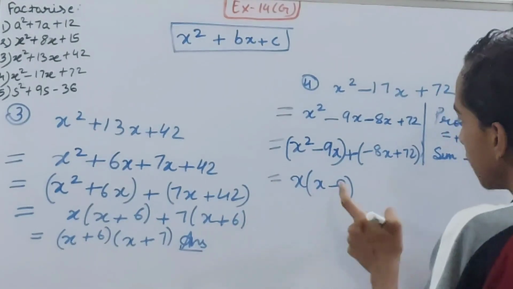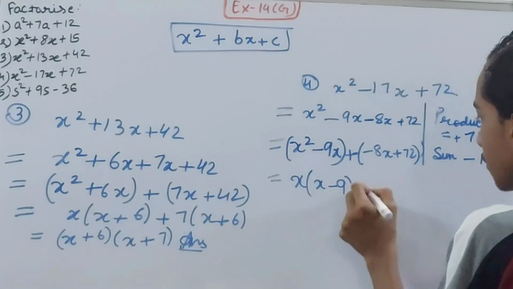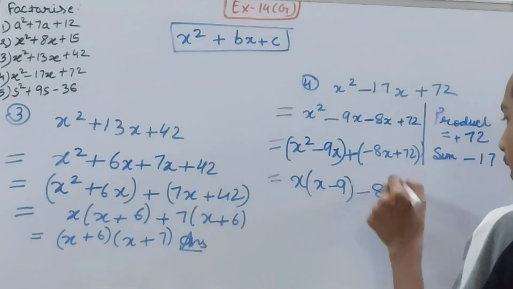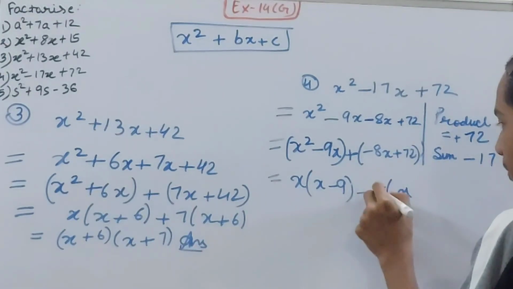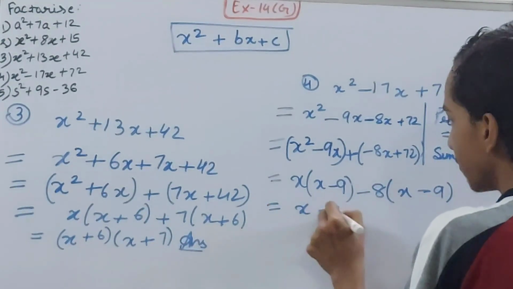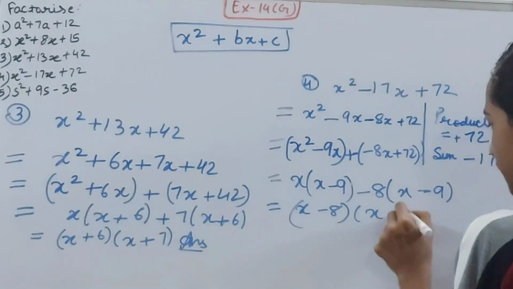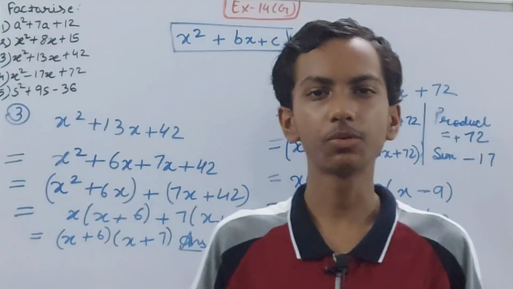We want x minus 9 in this bracket. So first term, that is minus 8x, it should become positive. So we will take minus 8 outside the bracket. So minus 8x upon minus 8 will be plus 8, plus 72 upon minus 8, minus 9. Clear? Now x minus 8 in one bracket, x minus 9 in another bracket. This is our answer. Now let's move on to the next question.